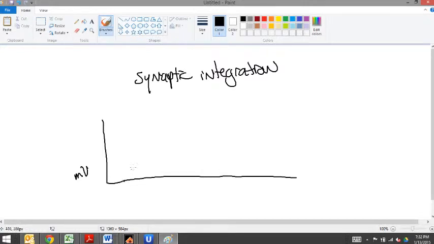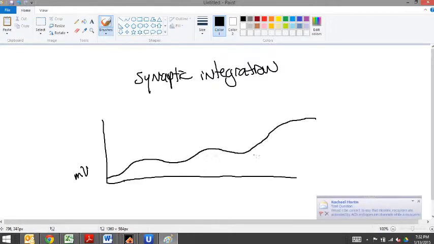So these are graded changes. You have cations flowing into the cell, you have an increase in positive charge. It's sitting at this level, then it will slightly increase here, and then there's more positive charge coming in, and you can see it gets even higher and higher and higher.